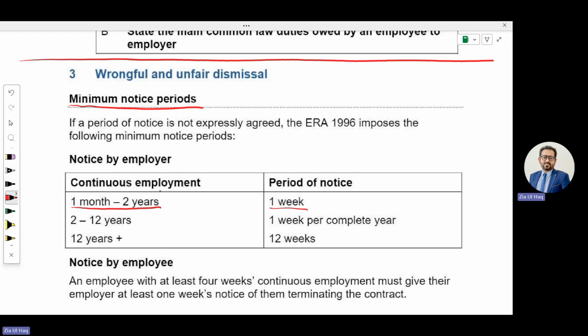If the employment period is between 2 to 12 years, more than 2 years but less than 12, it is 1 week per complete year. If the employee has worked for 5 years, a 5-week notice period is required. 1 week per year. But if the employee has been within the organization for more than 12 years, in that case, the minimum notice period required is 12 weeks.